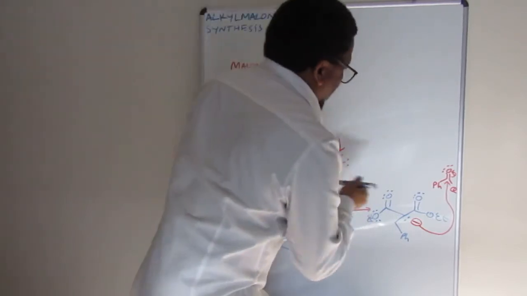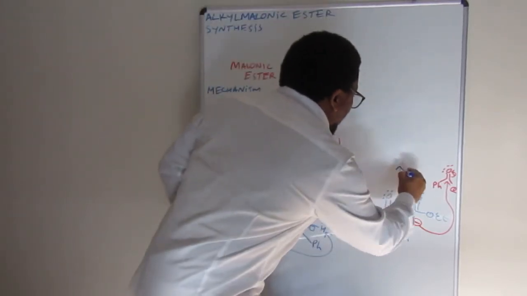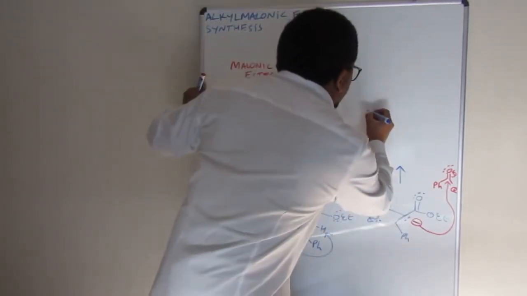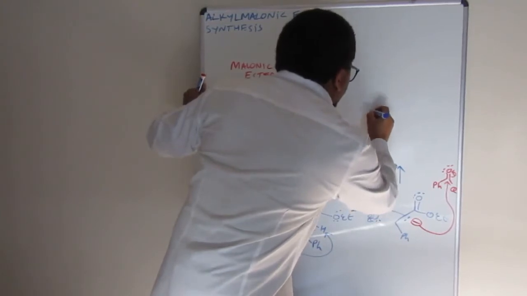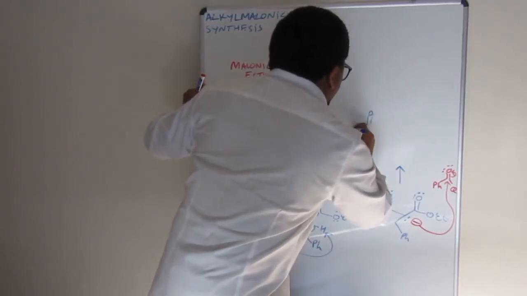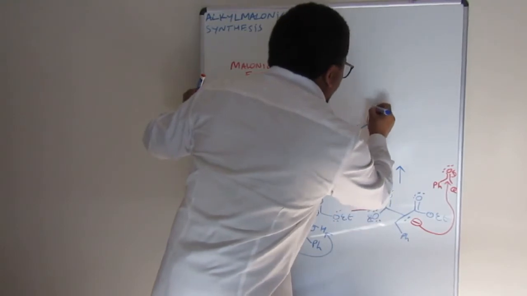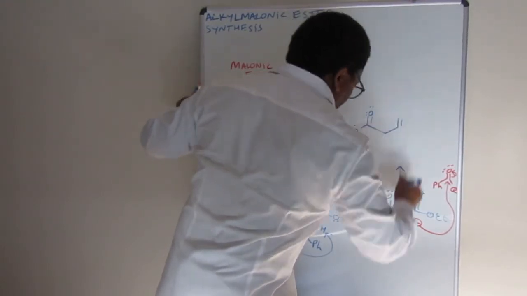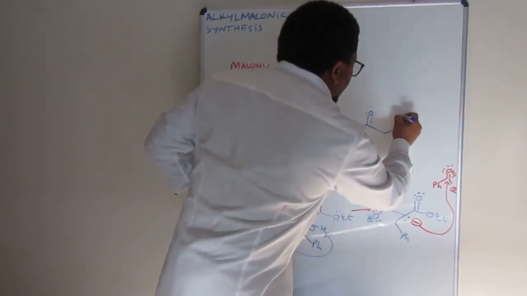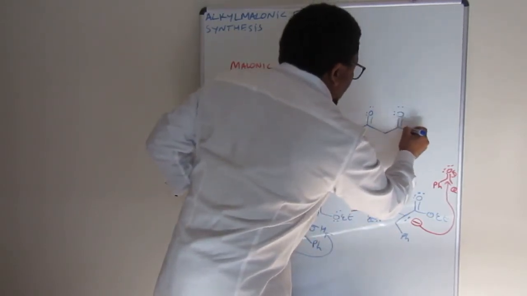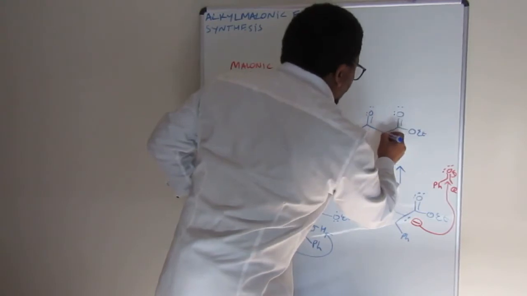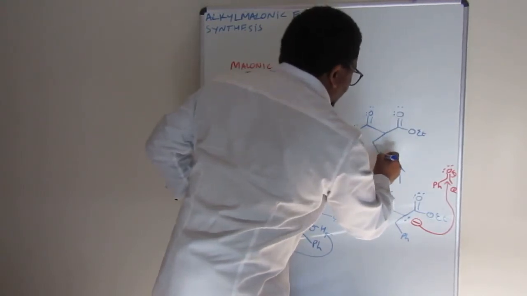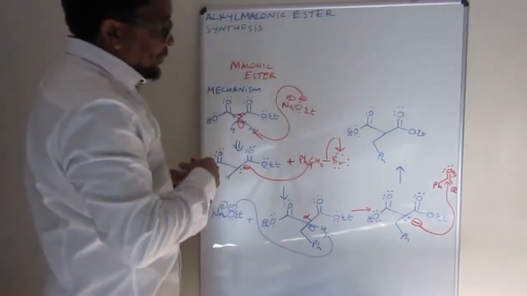We get this intermediate. This is the intermediate that we get. Double bond O, this is OEt, with lone pairs. This, that, double bond O. This is OEt, this is CH2Ph. Right?